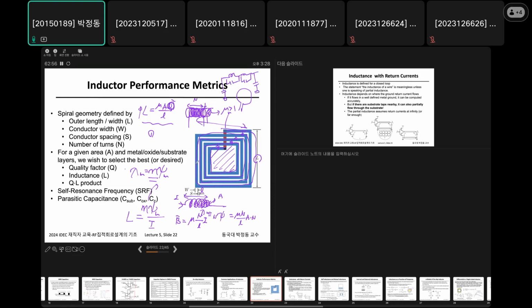Okay, so every capacitor, when you route such a spiral structure, results in parasitic cap, which results in a lower resonance frequency, which is the problem. Okay.